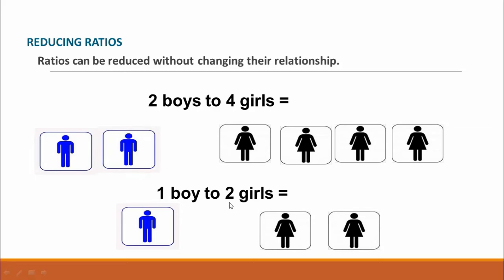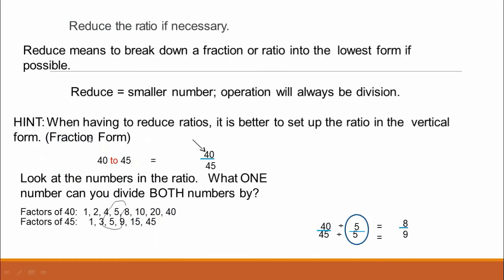If simplification is possible, then we can reduce the ratios. Now, how to reduce the ratio if necessary? I want to tell you again by this example. Reduce means to break down a fraction or ratio into the lowest, simplest form if possible. Reduce means a smaller number. The operation will always be division.